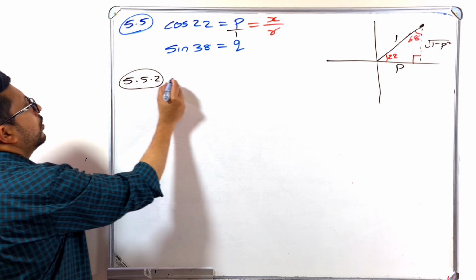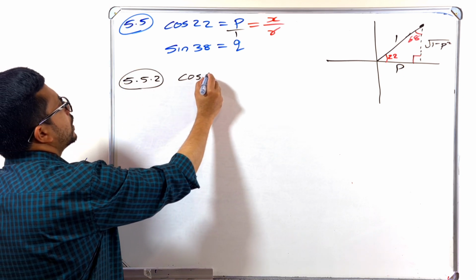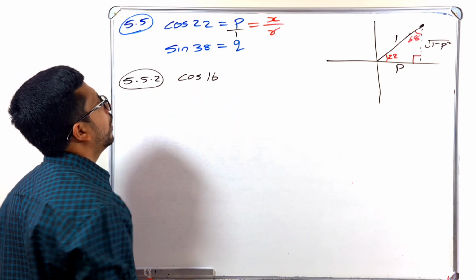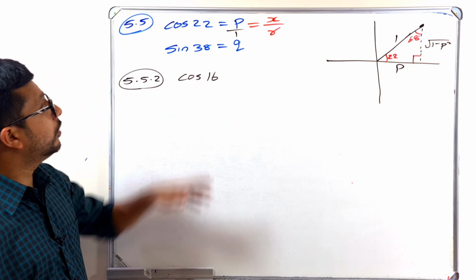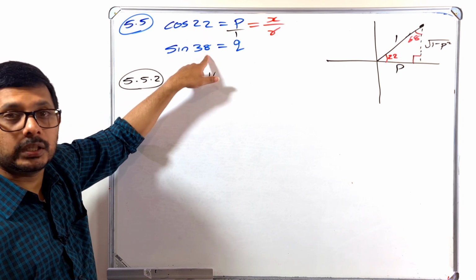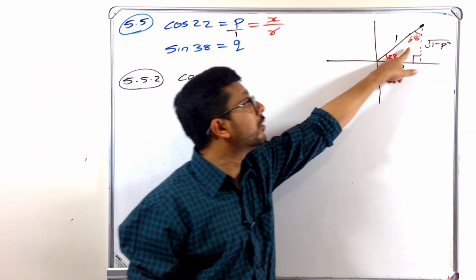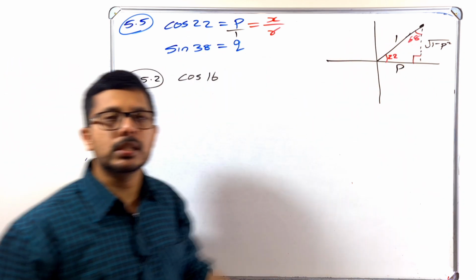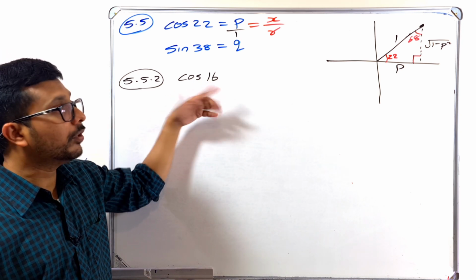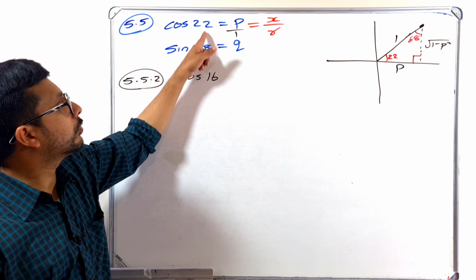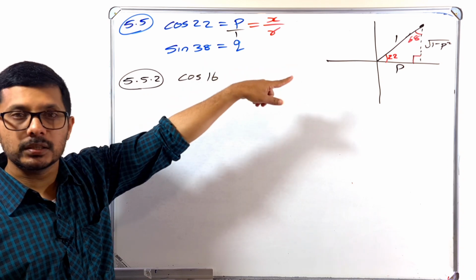Cos of 16. Wow. Where is this 16? We know 22, 38 and now we know 68 also. But what is this 16? We don't know anything about 16. We know 22, 38 and 68.